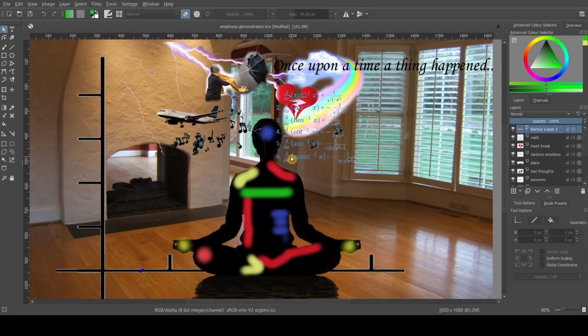Really, how I try to visually represent the insight into emptiness is, instead of the layers just turning off, more so it's like the opacity filter turns down.